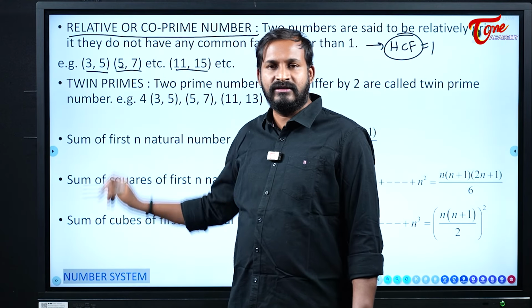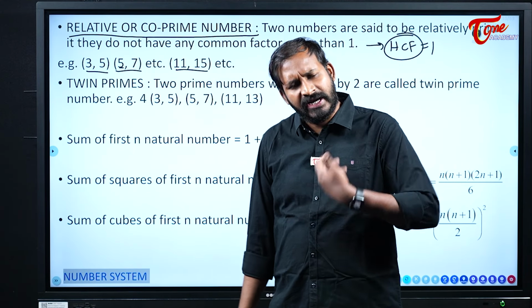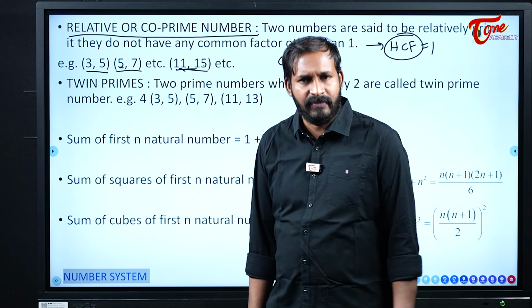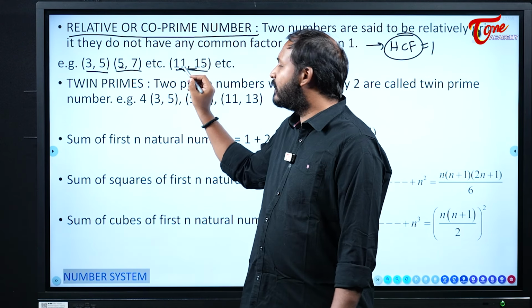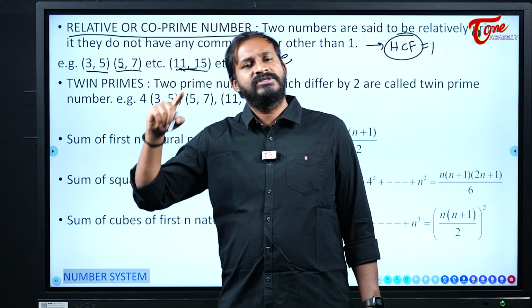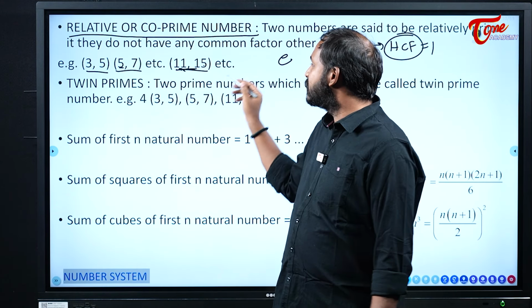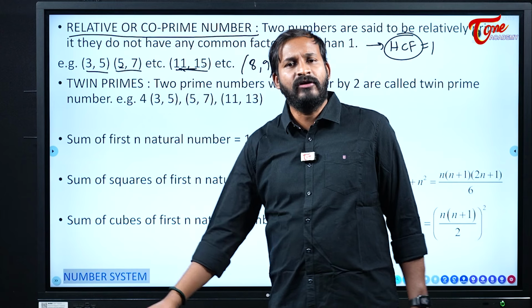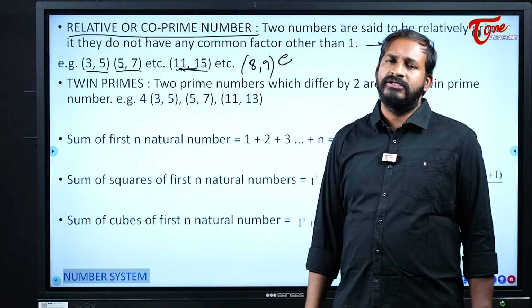Actually 3 and 5, 5 and 7 are prime numbers, so by default they become coprimes. Now 11 and 15: 15 is not a prime number, but 11 is a prime number. So, a pair of a composite number and a prime number also becomes coprimes. And similarly, I will take 8, 9. 8 and 9 are also coprimes.